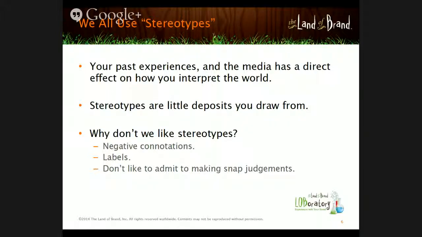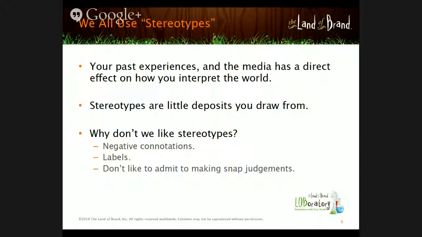So stereotypes are actually just these little bits of information. It's kind of like your database of how you interpret the world. And when you meet something unfamiliar or you see something unfamiliar, you make a snap judgment based on those past experiences and experiences in what you've seen in the media and how they've influenced your kind of way of looking at things.